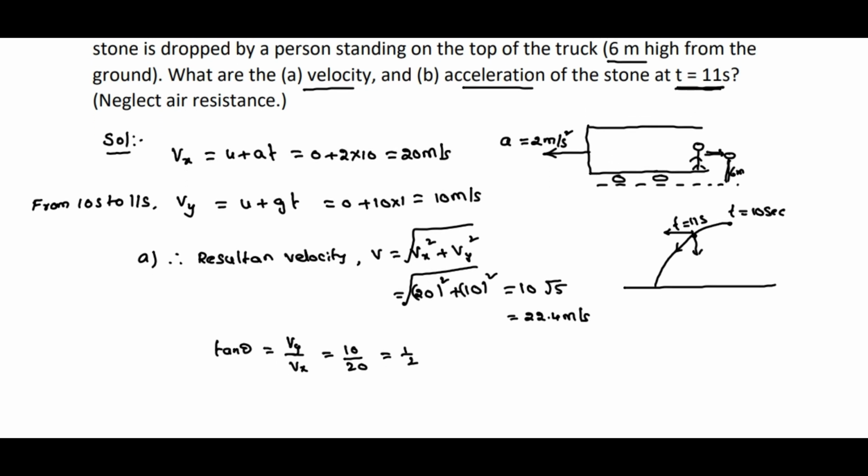From this, tan theta is equal to half, which means theta is equal to tan inverse of 1 by 2, that is also nothing but 26.7 degrees with horizontal.